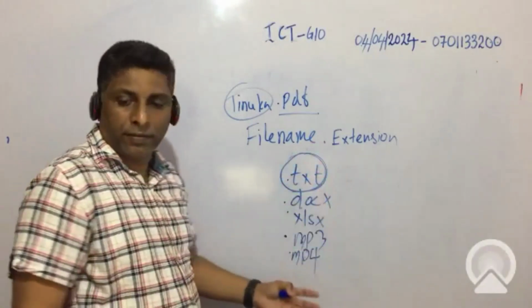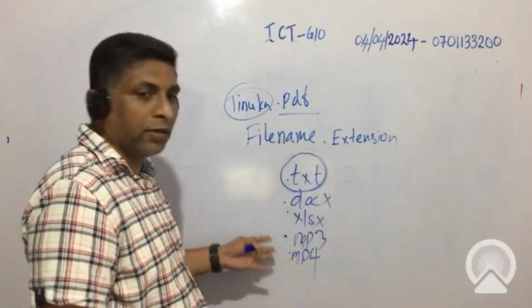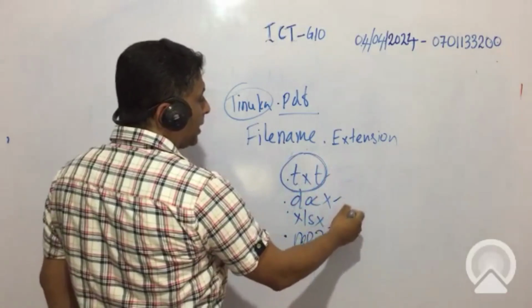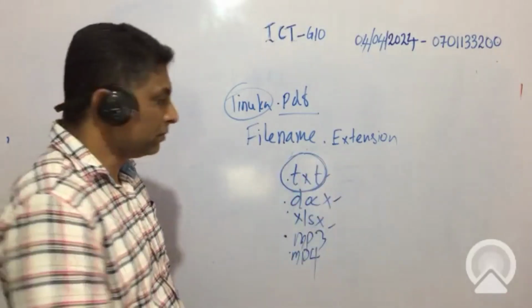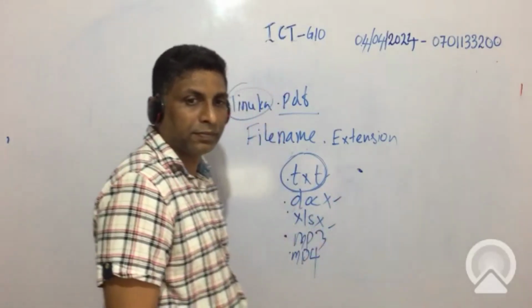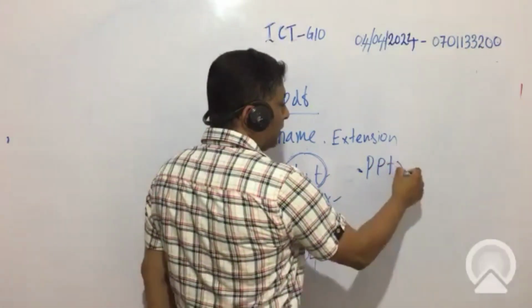And maybe we get to the software lesson later, right? I will tell you, but common things like text, document, Excel, and what's the extension for PowerPoint? Presentation. PPTX. PPTX or PPT.